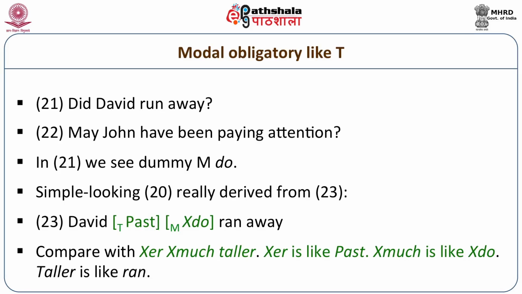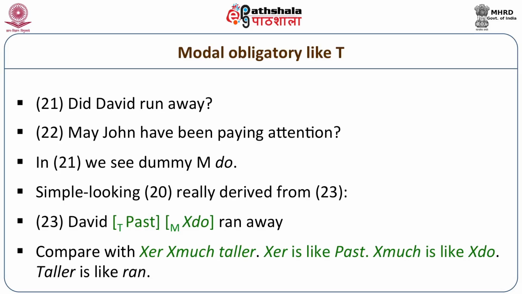As in examples like 19A1, John may have been paying attention, 19A2, John might have been paying attention, and other examples that are being displayed for you, 19A, B, and C. As you can see in the alternation between the 1 and 2 members of each pair of examples here, the alternation between present may and past might, present will and past would, present can and past could, the modal auxiliary carries a tense marking, present or past.